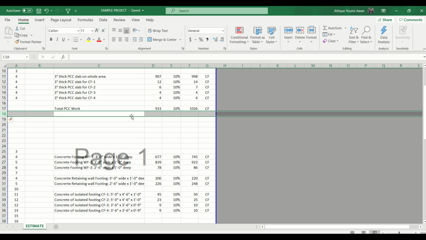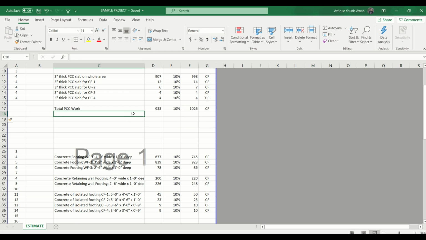Now we know that we will have three main components: cement, sand and aggregate. If I organize my sheet, I'm going to keep them on the right side. In which units are we going to need cement? We need cement in bags, while sand and aggregate we will have in units of sekra.